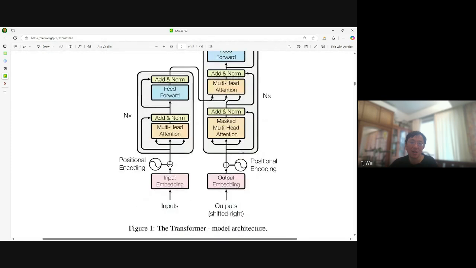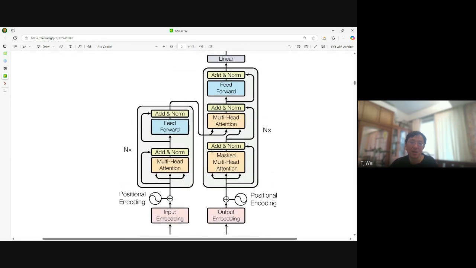But the block itself is pretty much similar, especially if you consider the decoder-only architecture, in which the middle part is not necessary because there's no encoder at all. The middle part serves to retrieve information from the encoder.